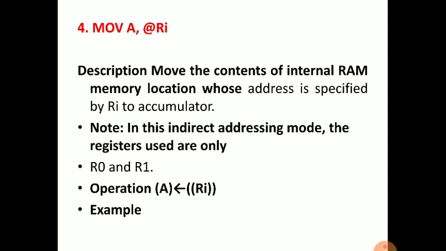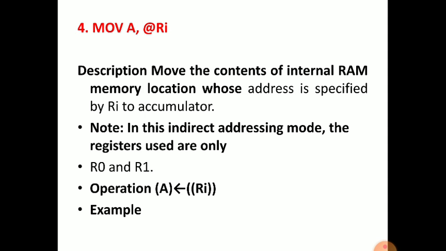The operation is the contents of Ri, which are the addresses which contain the original data. That's why we have used double parentheses here. It is not a typing mistake. Please understand that Ri is the internal register, that is R0 or R1, but the contents of Ri are not the data directly.